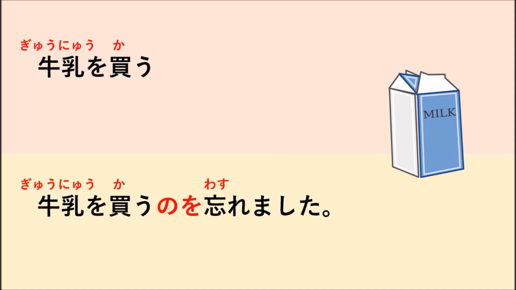And the second sentence, on the right, says "牛乳を買うのを忘れました." How are these two sentences different?